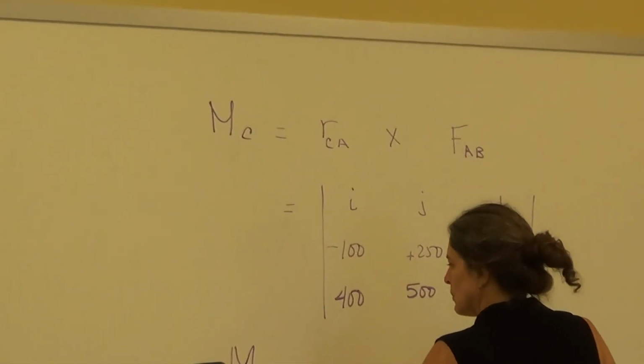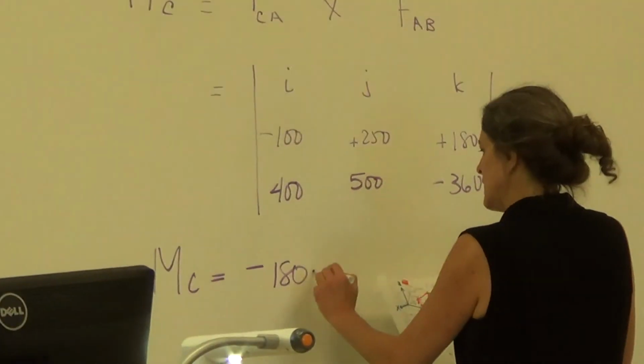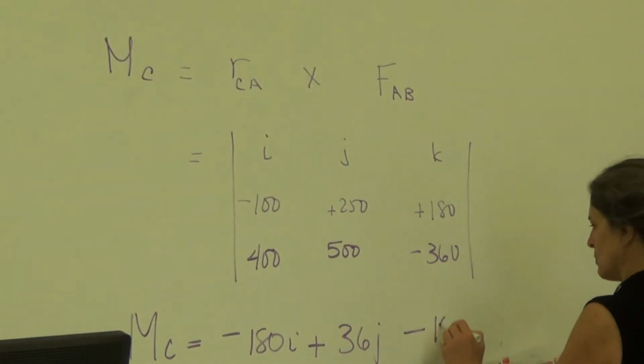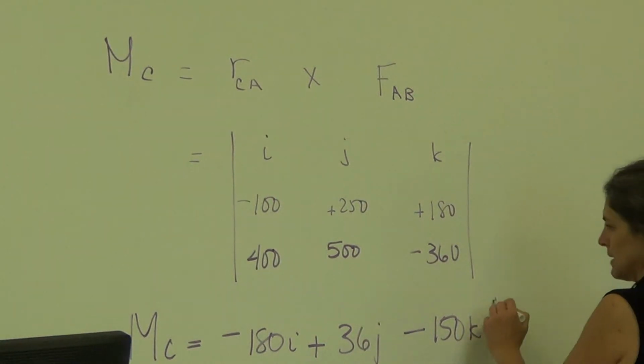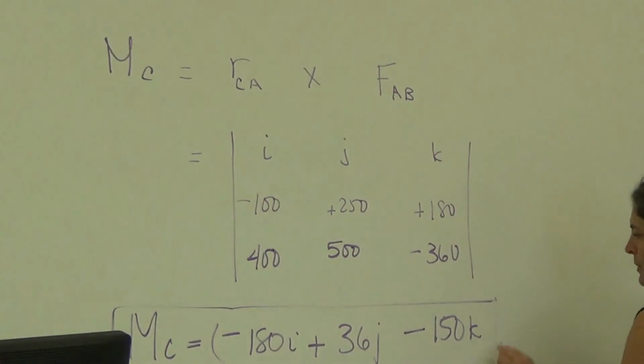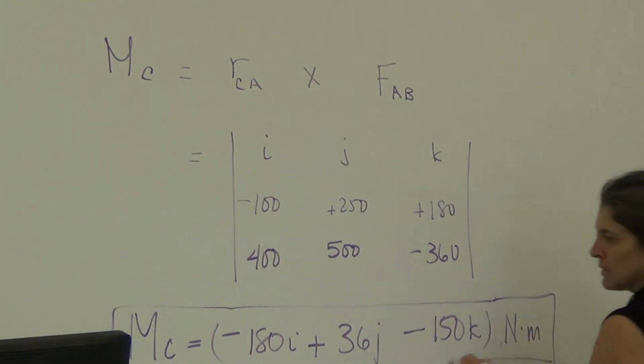And the moment about point C turns out to be 180I plus 36J minus 150K. And the units I want up converting to Newton meter.